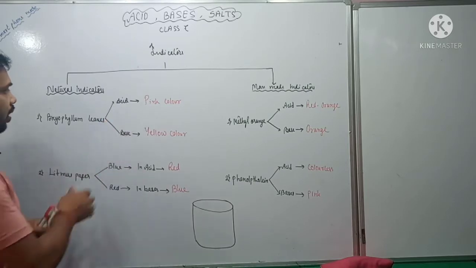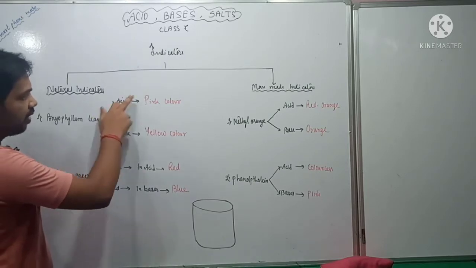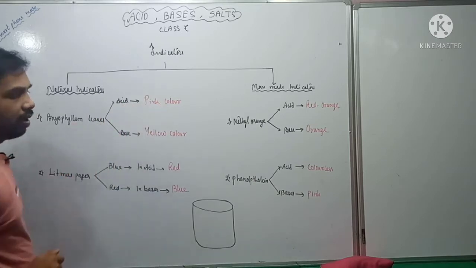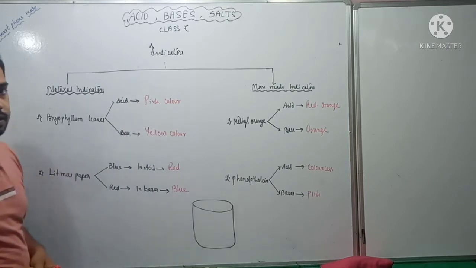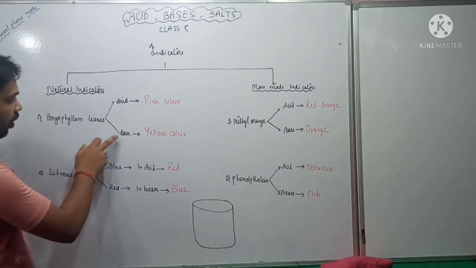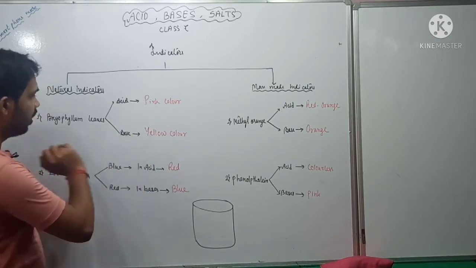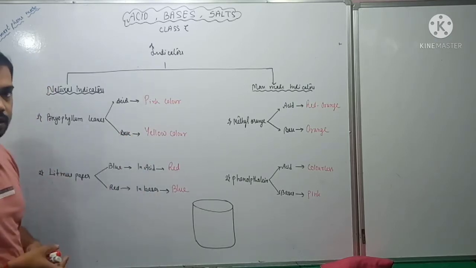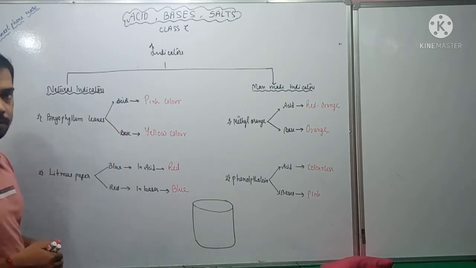Then you have to pour this in the solution. If the color changes to pink, then we understand that the solution is acid. Now if I pour it in another solution and the color changes to yellow, then it is base. In this way we find out whether the solution is acid or base.